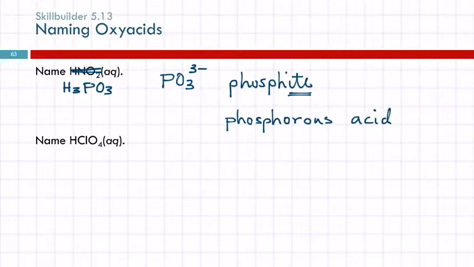Now, that is a little detail that I will not try to trick you on an exam. If this was an exam question, name H3PO3, this would be the correct answer. That would be one of the choices. I would not put phosphorus acid as one of the correct choices because that's mean.